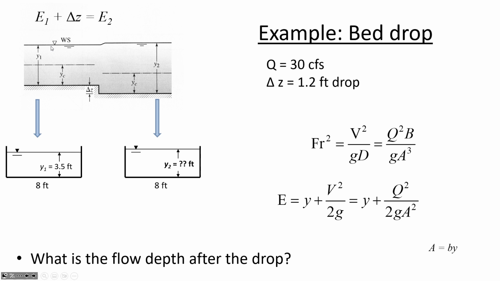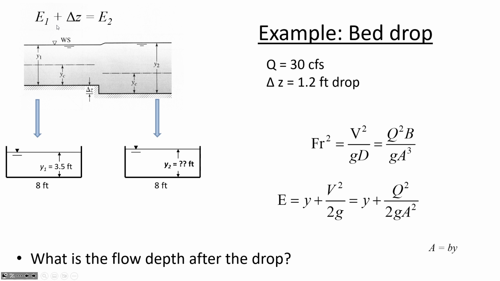Okay, so the next part of the problem is E1 plus delta Z is equal to E2. So we had a certain amount of energy at 1, and energy at 2 is higher than the energy at 1 because of the drop down. Let's define what we mean by that.